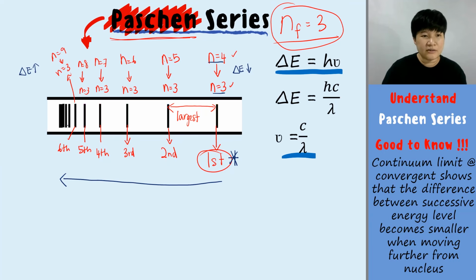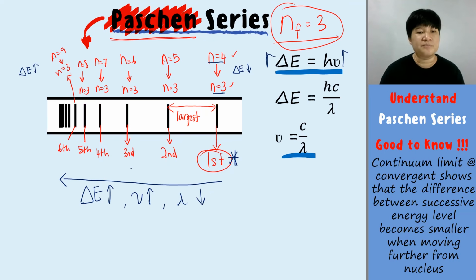Therefore, the delta E over here will increase. And as always, guys, when delta E increases, frequency also increases. When frequency increases, wavelength decreases. Okay? Simple.